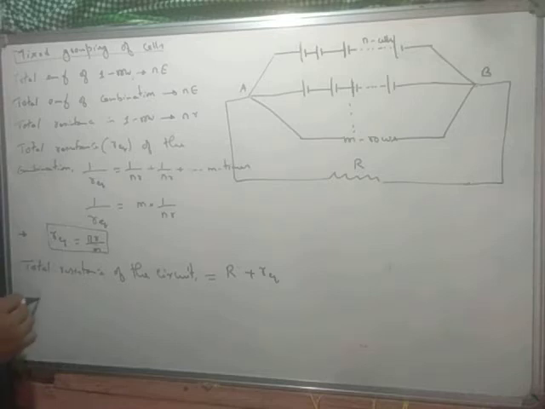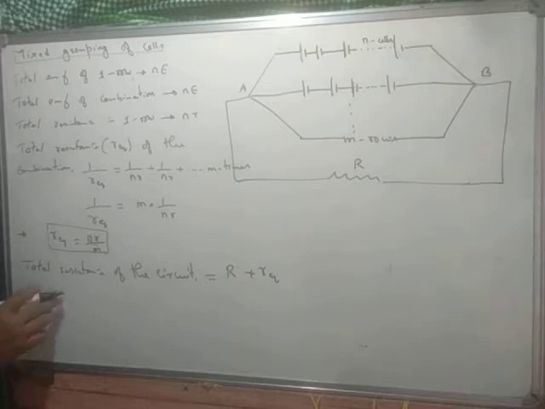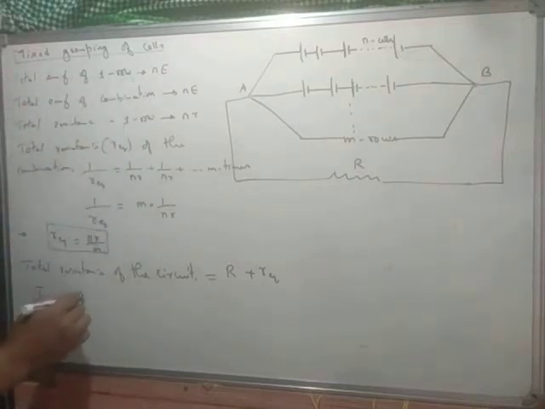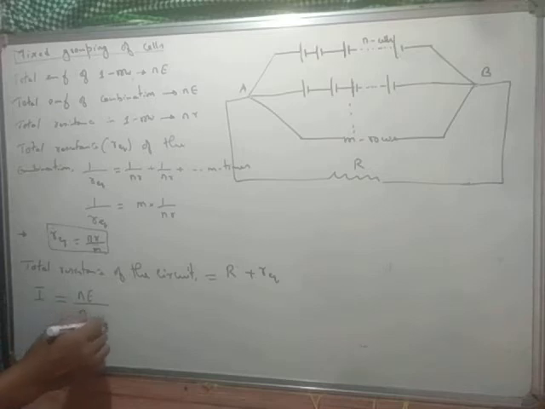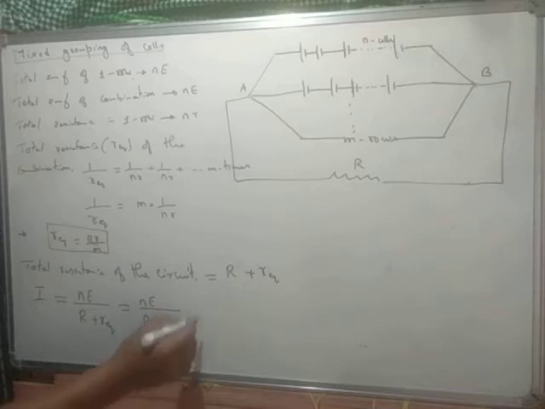Therefore I will find the current passing through the external resistance R. We always know that this current is given as total EMF upon total resistance of the circuit. My total EMF is nE, total resistance is R plus R equivalent, so the current is nE upon R plus, instead of R equivalent, I can write nr upon m.